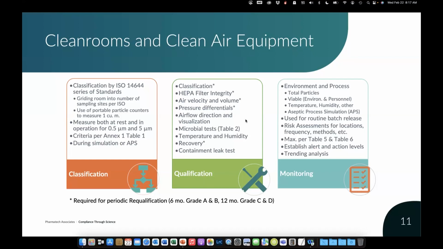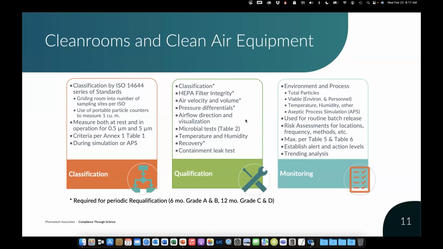However, it is not necessarily always been done that you perform the classification per the ISO 14644 as part of a requalification that's done every 6 months or annually, depending on the grade. So that's a little bit more open to interpretation.